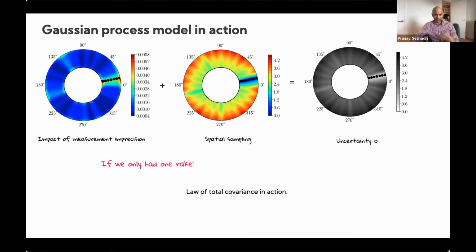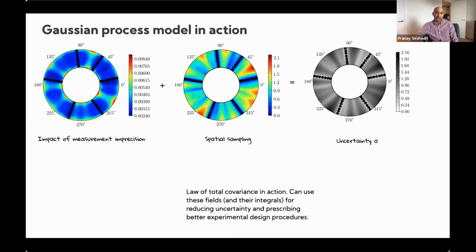Just hypothetically, for this analytical example, if we only had one rake, you see the distribution of the uncertainty across the impact of measurement imprecision versus sampling. This is actually quite an important result because it tells engine manufacturers whether they need to put more sensors in an engine at a given plane, or whether they just need to increase the fidelity, the quality, of the instrumentation being used.